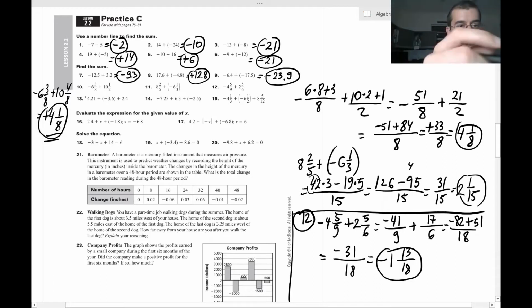Number 13, let's add the two positive numbers first, 4.21 and 2.4. So this is 4 plus 2 is 6, so this is 6.4 and 2 is 6.61.